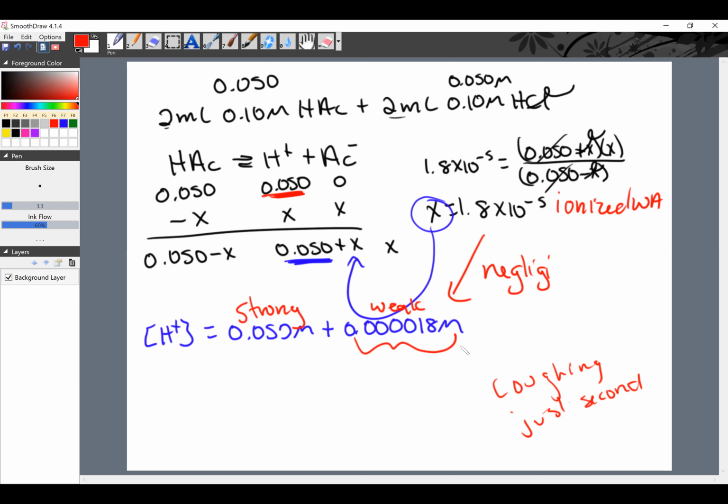So the one that's controlling the pH is actually the strongy. Every time I've said that in class, I wanted it to be very obvious that, based on real numbers, the strongy is actually controlling the pH. So the pH is the negative log of 0.050, and so we should be expecting a pH of 1.3.